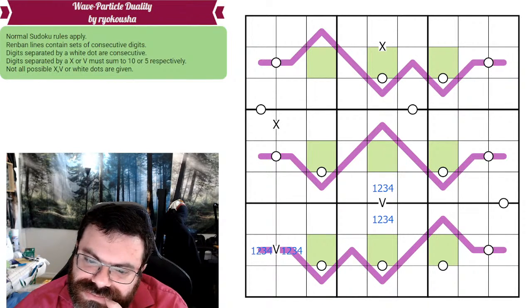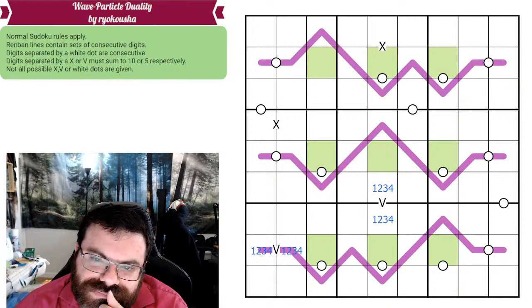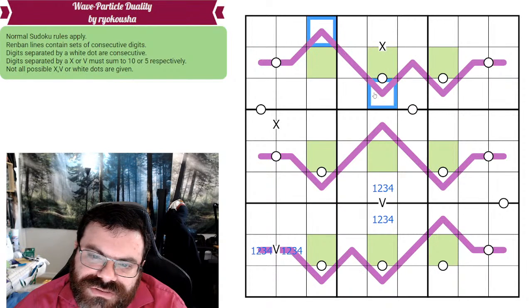There's no disjoint, right? So I guess in the row, these three are the missing three that are here.